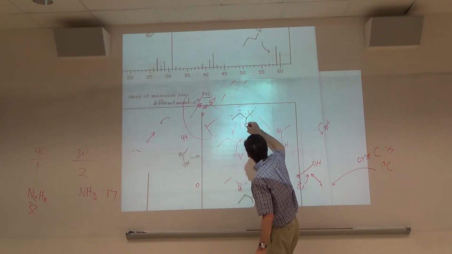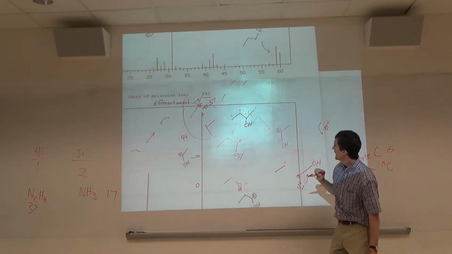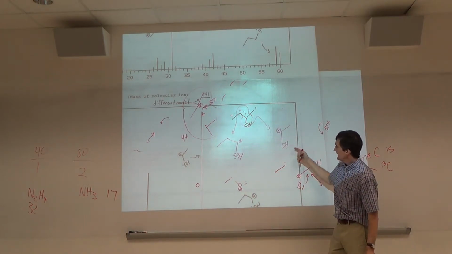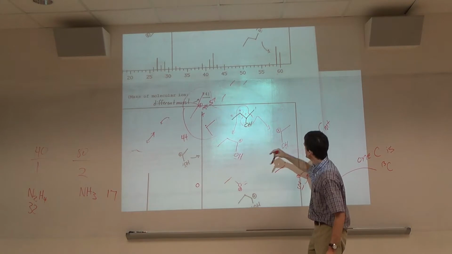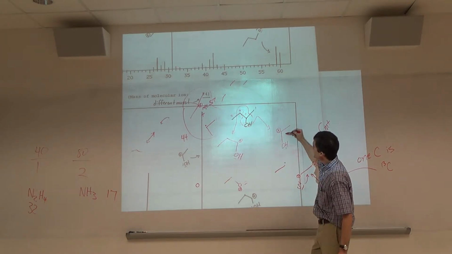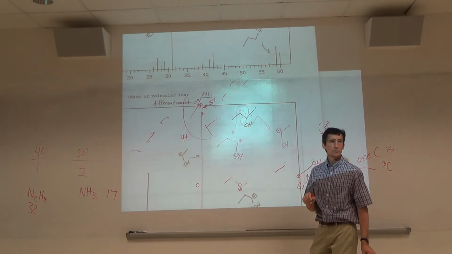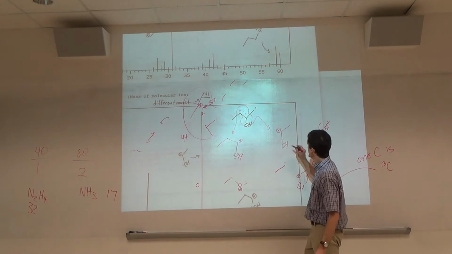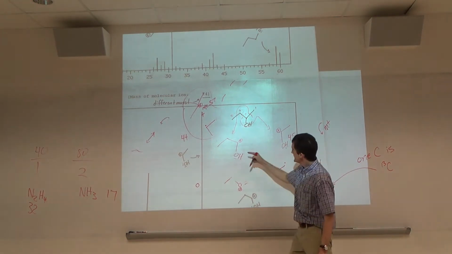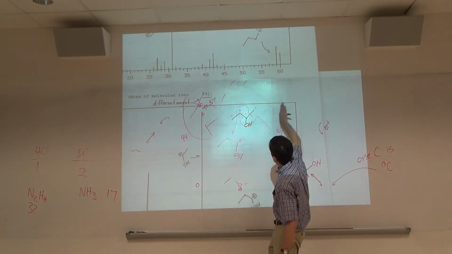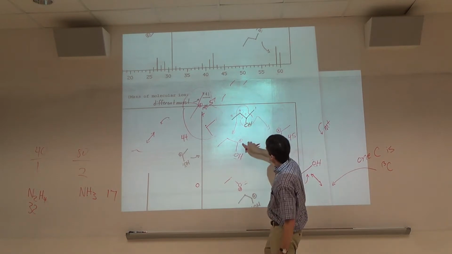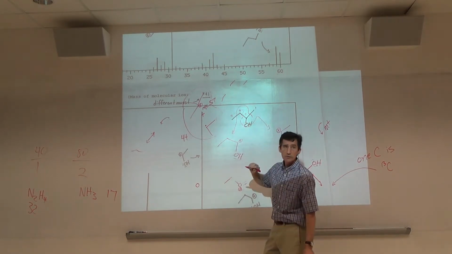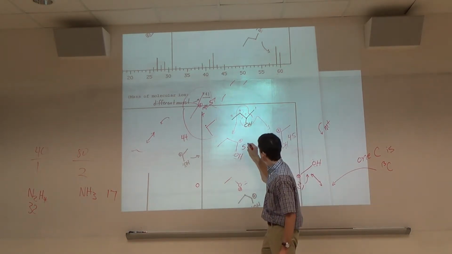That's going that way, and this is going this way. Now we give that cation. Well, these are different. That's one more carbon. This is going to be loss of 29. The original was 74, minus 29 would be 45. This is loss of what? Just 15. So it's 74 minus 15 is 59.